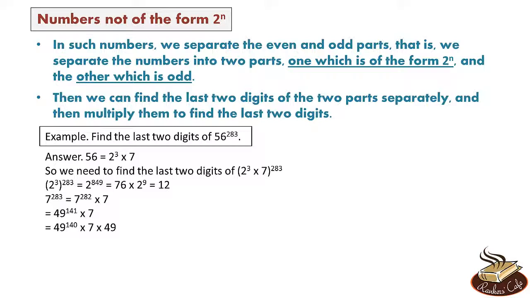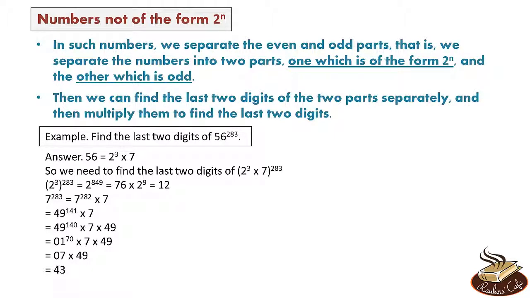Now 49 square has the last two digits as 01. Therefore our number becomes 01 raised to the power of 70 into 7 into 49. 01 raised to the power of 70 gives the last two digits as 01, into 7 gives the last two digits as 07. So 07 into 49 has the last two digits as 43.